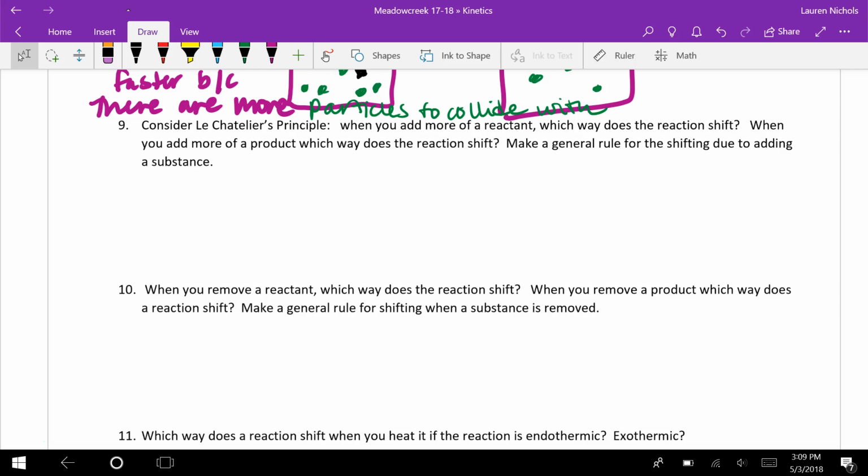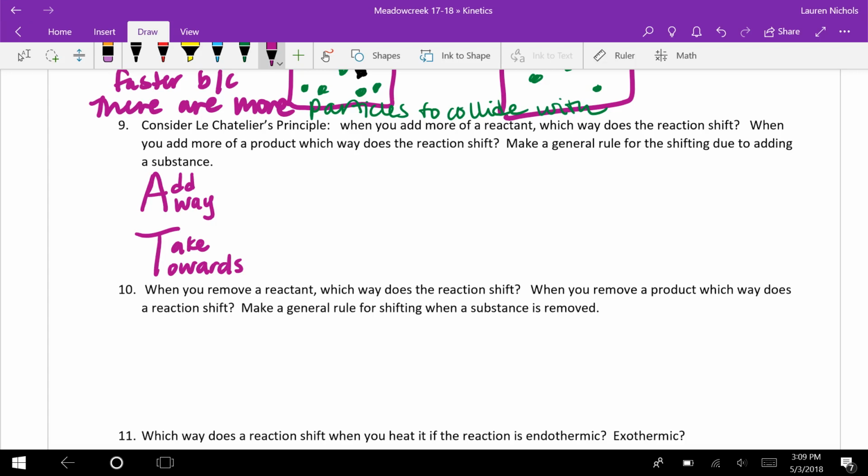Now, when deciding which direction the equilibrium will shift, we've been talking about 2 different phrases in class: add, away, take, towards. And if we use this phrase, this is going to be our general rule.